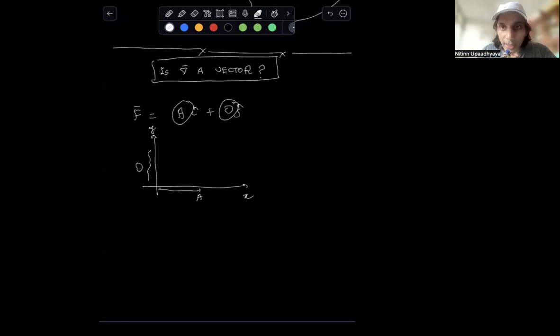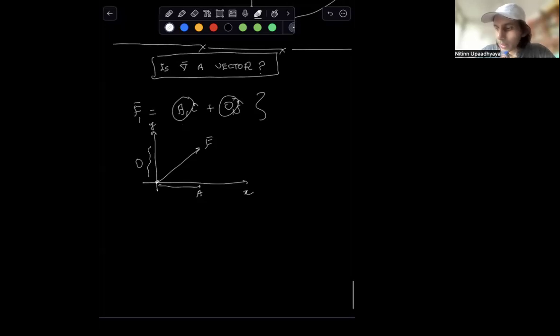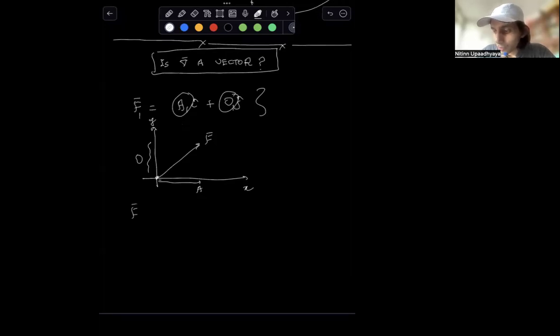And if I have A as the number of apples and O as the number of oranges, I could perhaps draw a vector in this manner, and that should constitute vector F. Let's say this is one of our baskets which contains A apples and O oranges, and maybe I'll use subscripts A1 and O1, and correspondingly we have a vector F1. So let's say that's basket 1. Now I have another basket, F2, which has, say, A2 apples and O2 oranges.